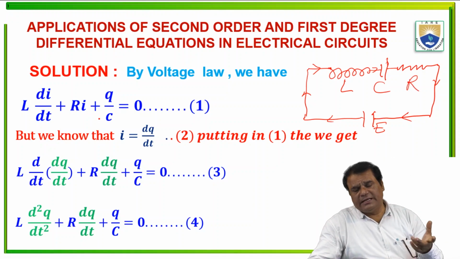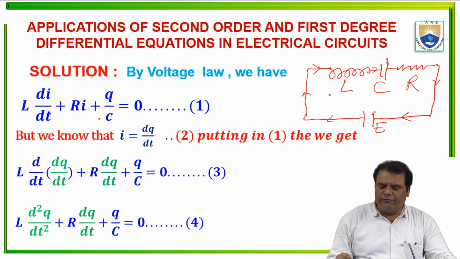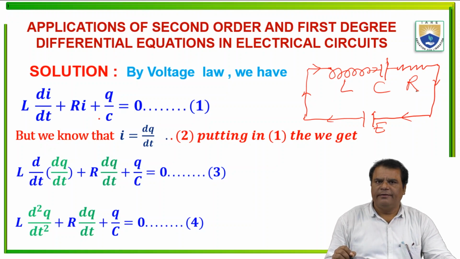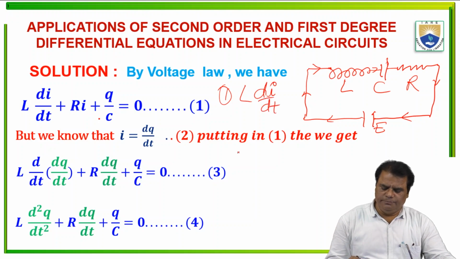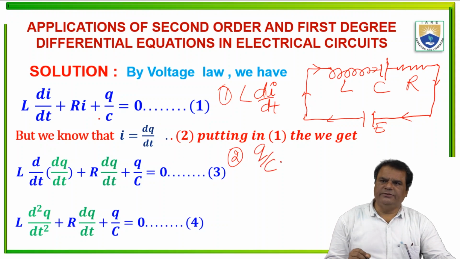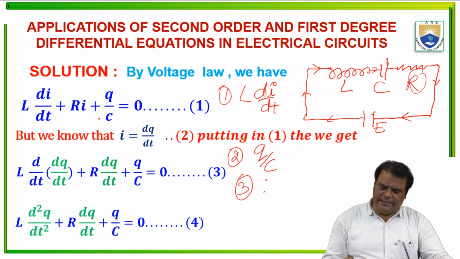So according to Kirchhoff's voltage law, we consider the voltage drop across L, C, R. Number 1, the voltage drop across the inductance is L di over dt. Number 2, the voltage drop across the capacitance is Q by C. Number 3, the voltage drop across the resistance R is Ri.